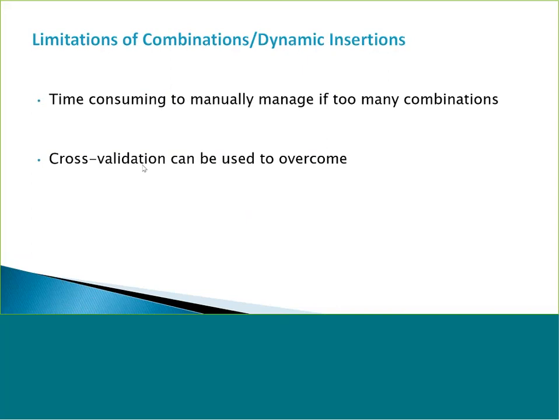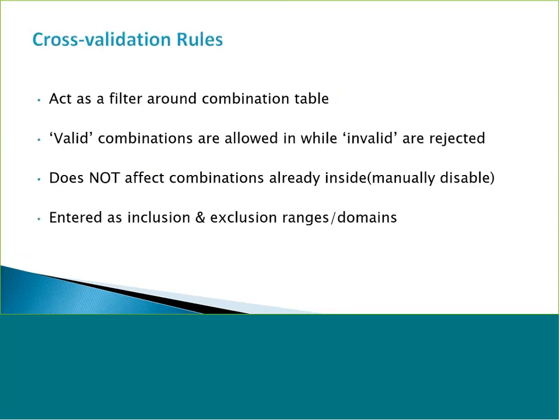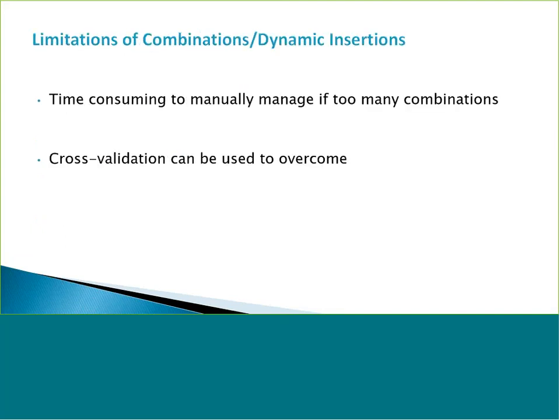All right, so this here is a build-up to cross-validation rules, which I think we will look at in our next lesson. But let's lay a foundation for cross-validation rules. We have already seen how the functionality of Oracle is affected by turning on and turning off dynamic insertion.